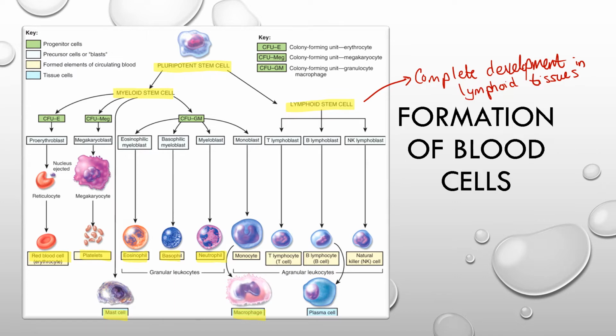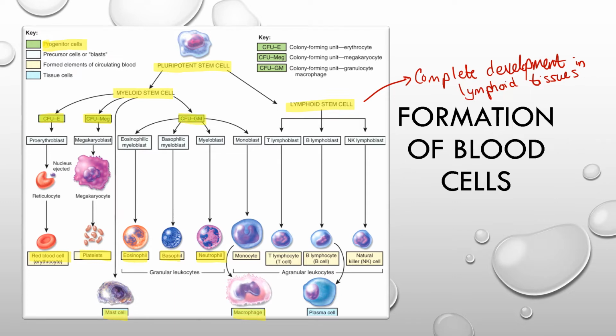Now, during hemopoiesis, some of the myeloid stem cells will differentiate into progenitor cells. So these are labeled as the green, lettered cells we can see here. So these are going to be these precursor cells, progenitor cells rather.